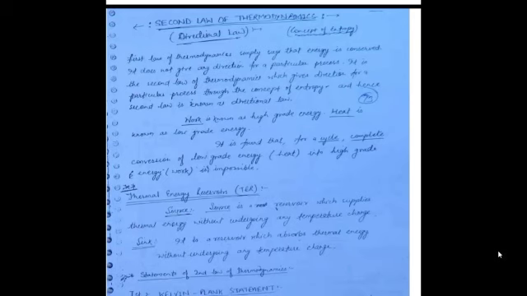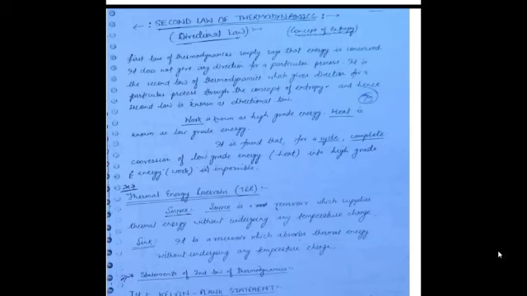So in practice, first of all, we need to apply the second law of thermodynamics so that it can be confirmed whether this particular process is possible or not. If possible, then in which direction this process will be carried out, with the concept of entropy. So this is the main advantage of second law of thermodynamics.